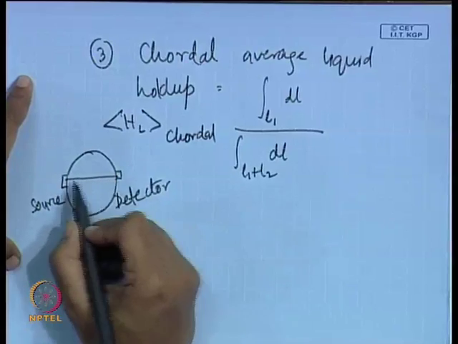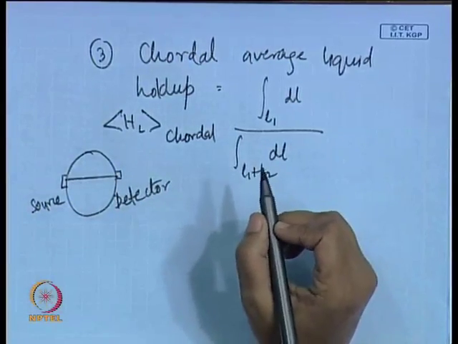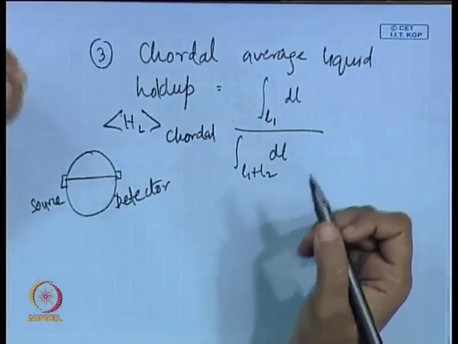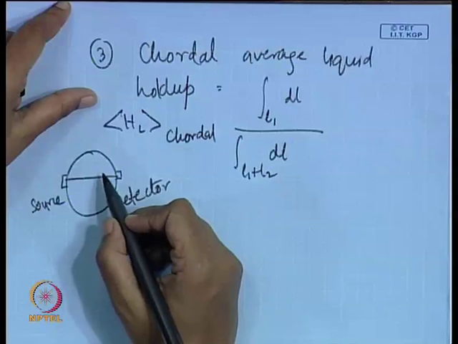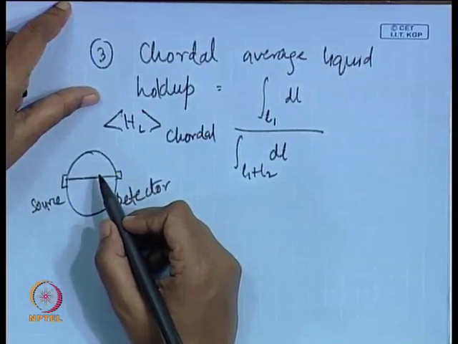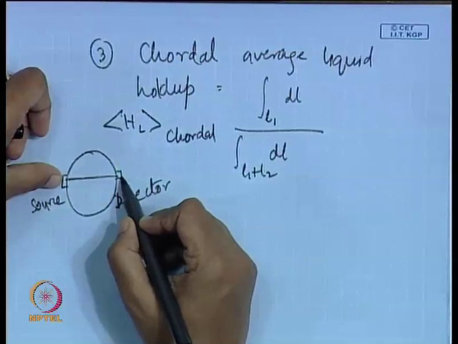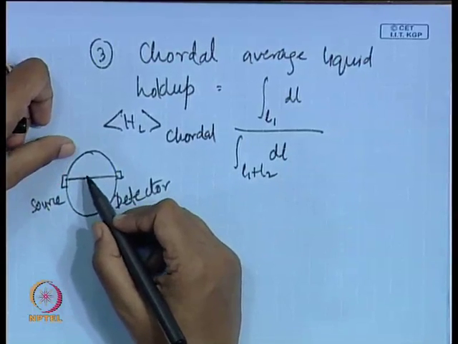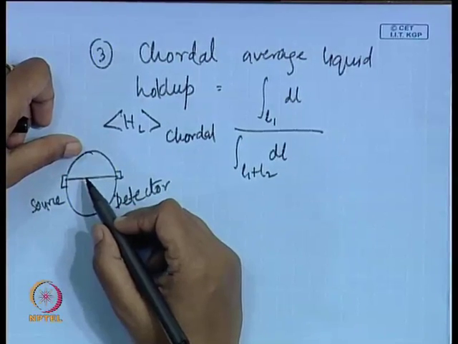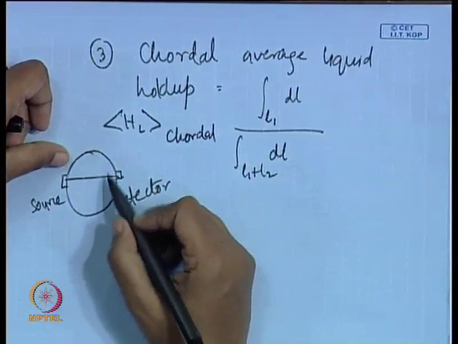And if more or less along this particular chord we send the optical beam or whatever it is, any particular very narrow beam across this, the amount which is attenuated or absorbed, that we can find out. We know the initial strength, we know the amount which is transmitted, both of them we can detect. So, from these two we can find out what is the effective composition. Okay, we know what is the amount which is transmitted when the channel is full of water.